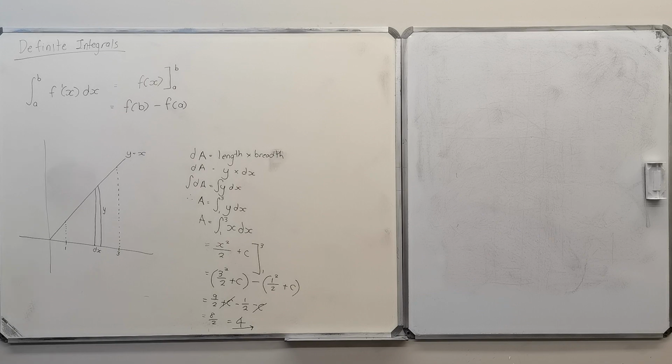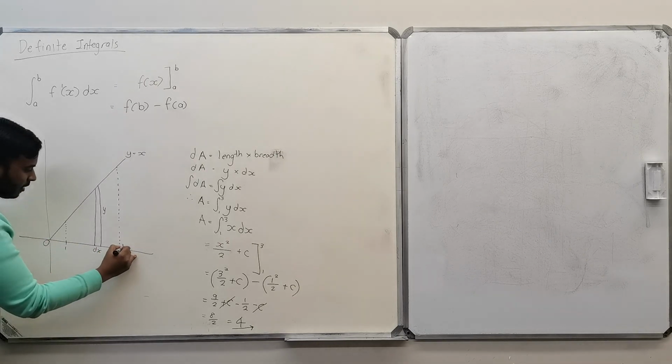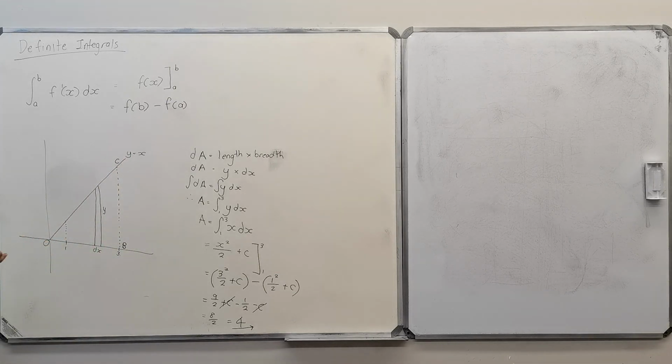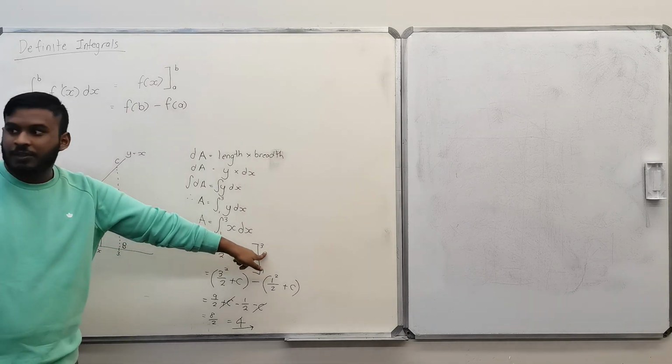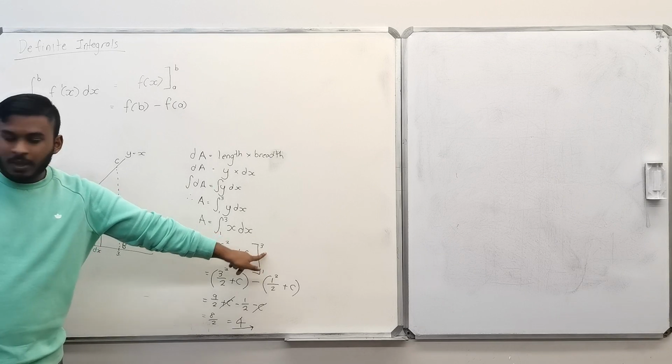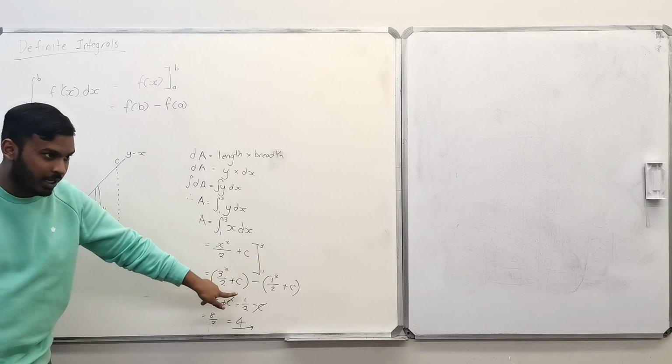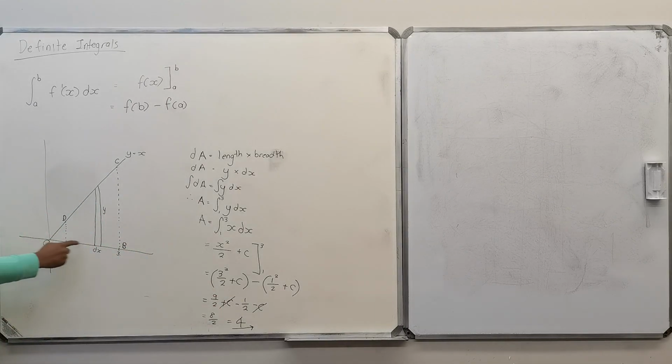Do you all agree? Because remember, this here is OBC and this is OAD. When you substituted the upper limit of 3 and worked out this first portion only, you basically worked out OBC, the big triangle.